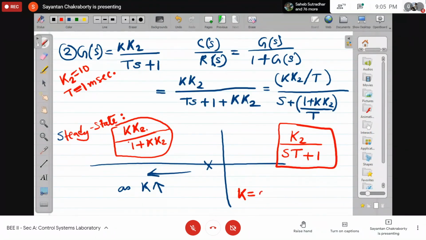So the value of K: 0.1, 0.2, 0.5, and 1.0.